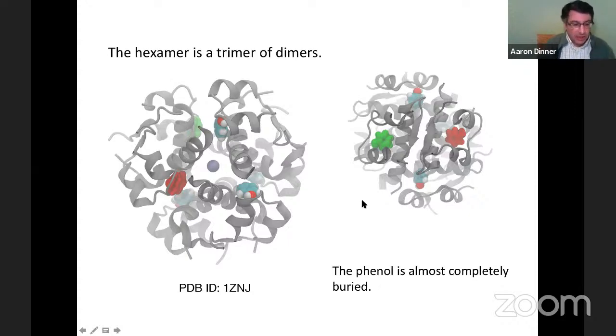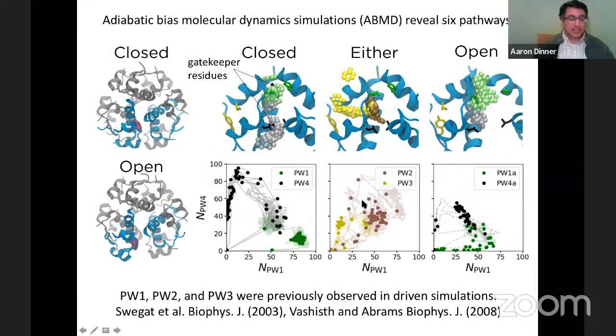The first thing we have to do is some exploratory calculations, with a view towards generating the initial points that we're going to run unbiased dynamics from. We did that through a kind of steered molecular dynamics method called adiabatic bias molecular dynamics. It gently ratchets the phenol out of the binding pocket. The first thing those calculations show is that the escape channel opens quite easily.